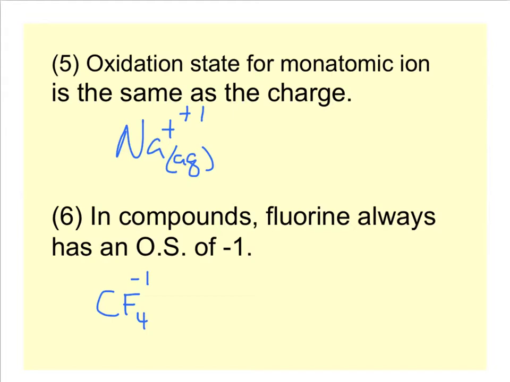The only exception to this rule would be the molecule F2, which goes back to one of our previous rules, where it's going to have an oxidation state of 0. So if you see fluorine in a molecule bound to other atoms, the oxidation state of fluorine is going to be -1. And that's because fluorine, as you know, is the most electronegative element, and so it's always going to take the electron density and end up with a -1 oxidation state.